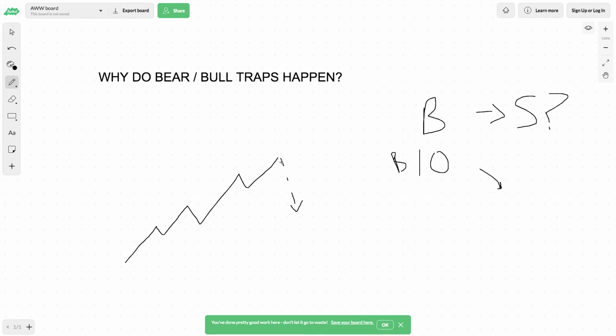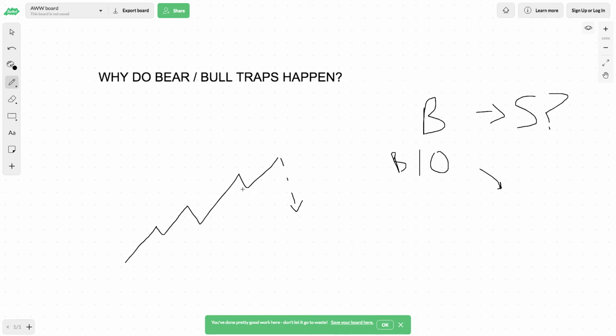So if you're looking for liquidity as a bank, what you need to do is look for where there is liquidity. And if everyone's buying and placing buy orders, the liquidity is what? Sell orders, right? Stop losses. Stop losses are sell orders.